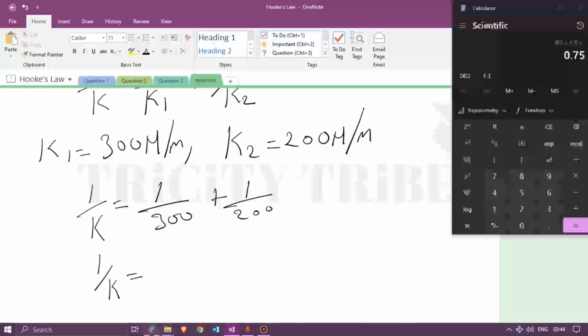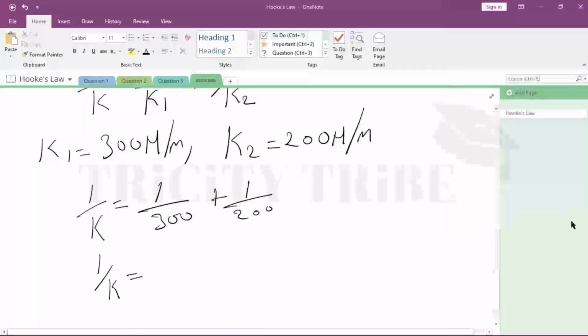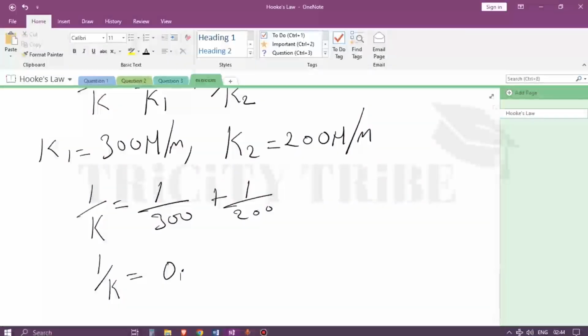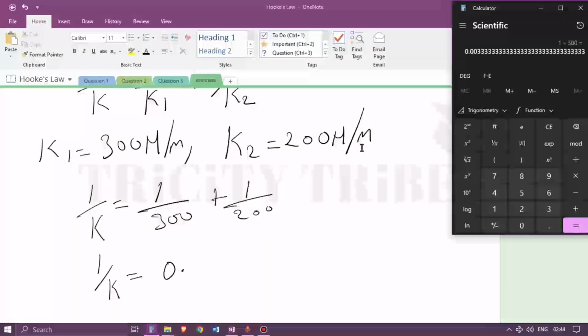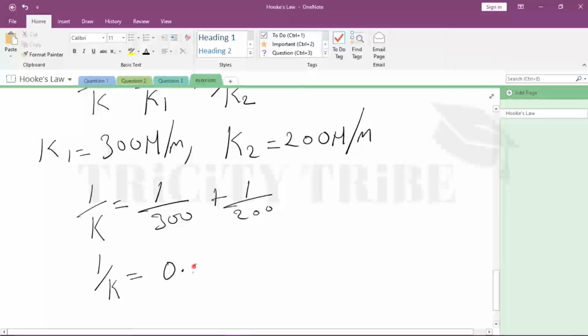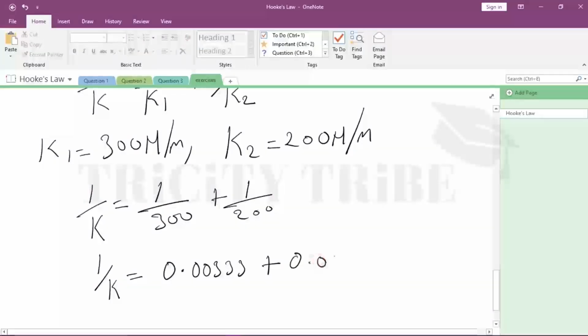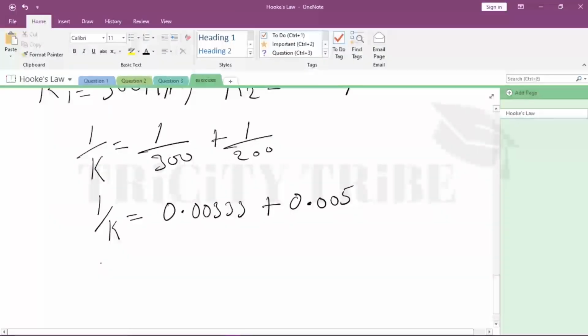Let's do this calculation quickly. 1 divided by 300 is 0.00333, plus, for 1 over 200, 1 divided by 200 is 0.005.